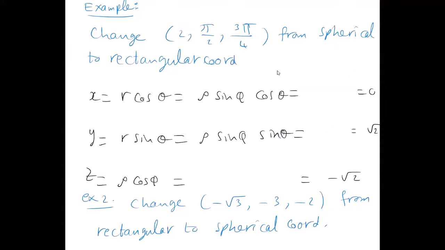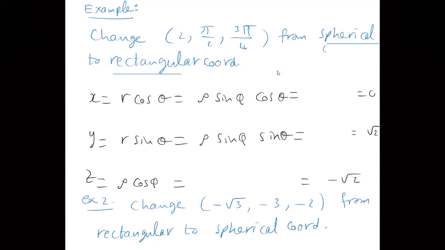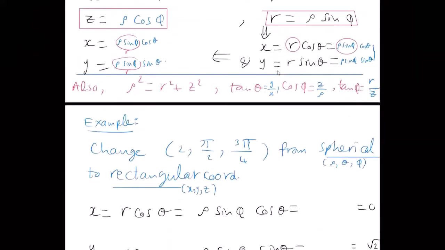Transform this from spherical to rectangular coordinates. What's spherical is rho, theta, and phi. What is rectangular is x, y, and z. How to transform from rho, theta, and phi into x, y, and z? We have these relations.